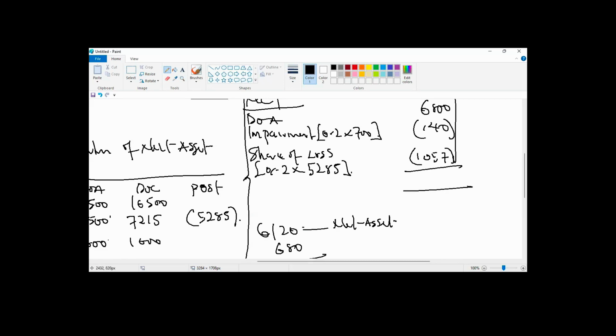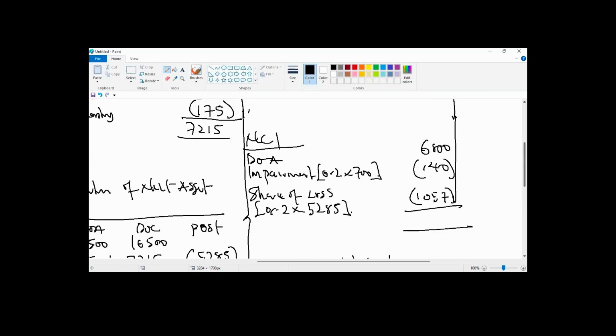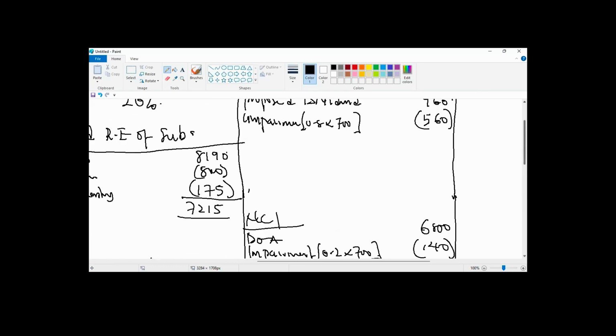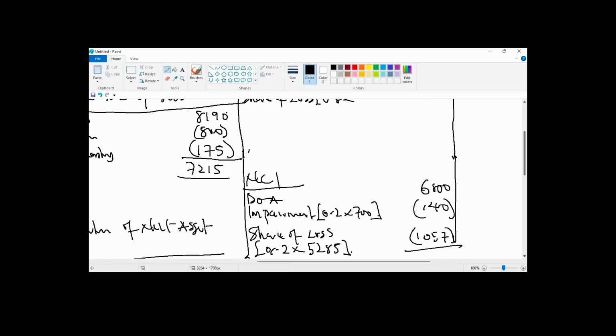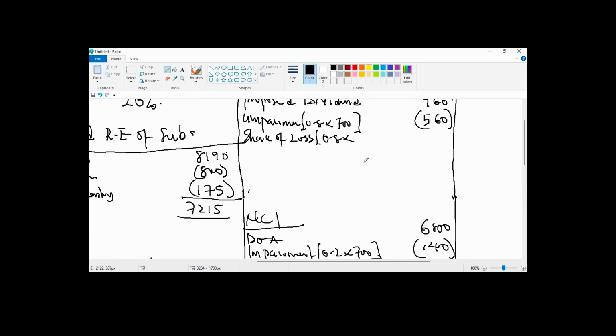I'll go to the parent too. Share of loss. 0.8 times 5285.